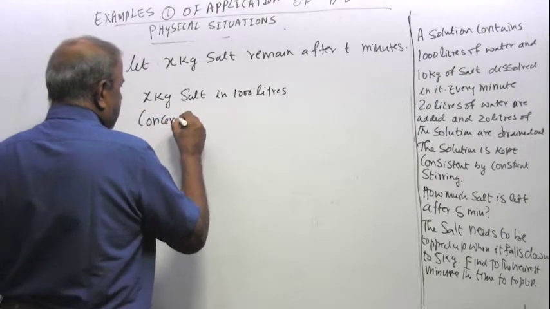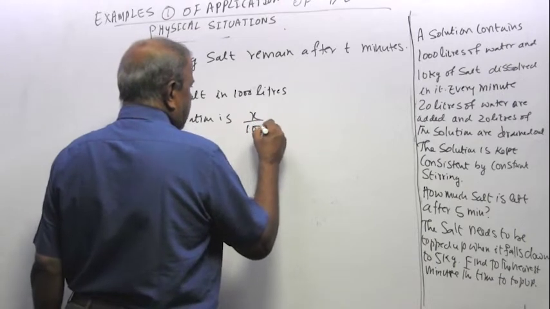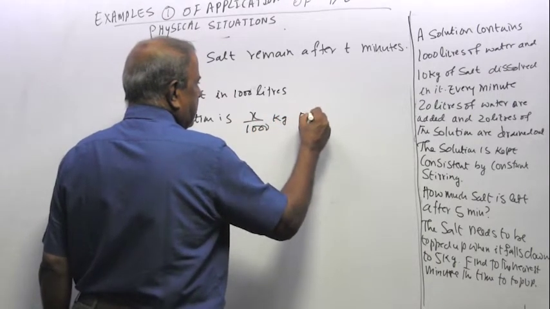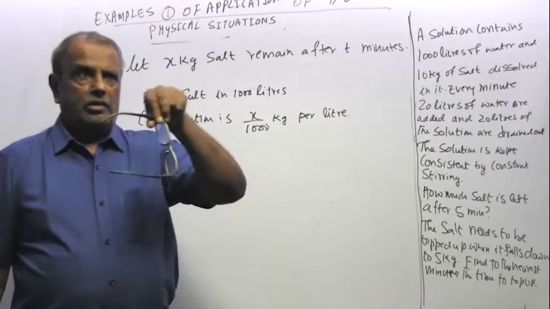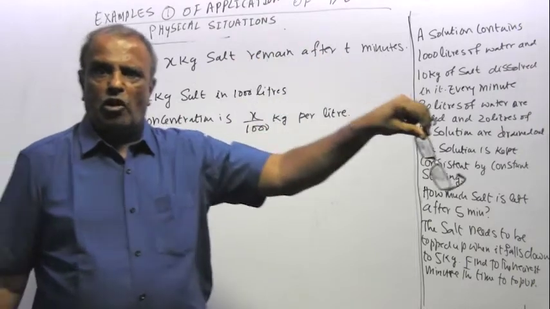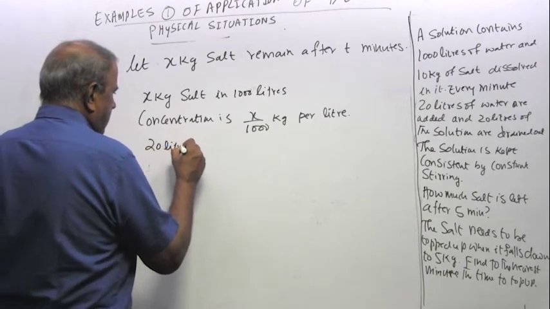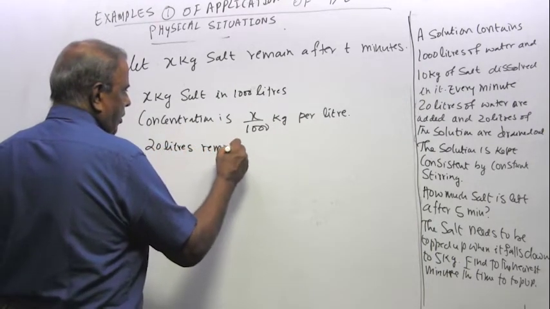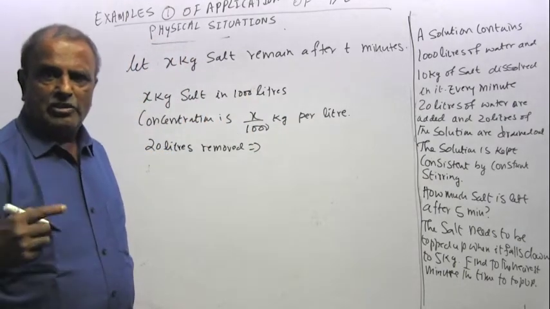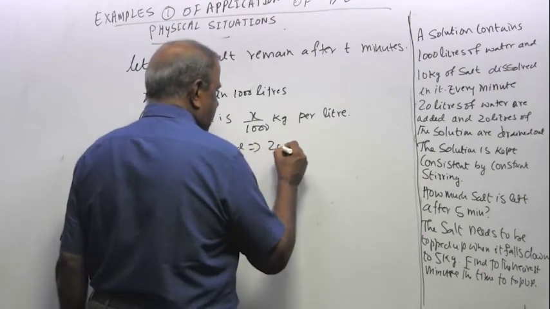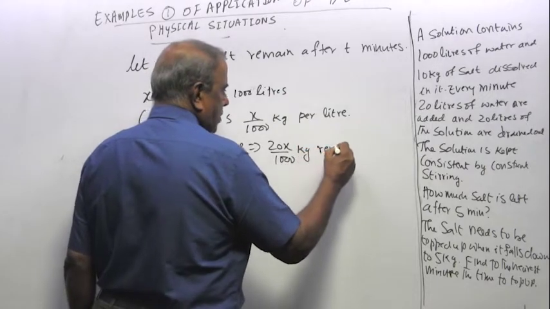Concentration is x over 1,000 kg per liter. You understand that? The concentration is amount of salt per liter. You are removing 20 liters, which would mean 1 liter x over 1,000, 2 liters 2x over 1,000, 20 liters 20x over 1,000 kg removed per minute.